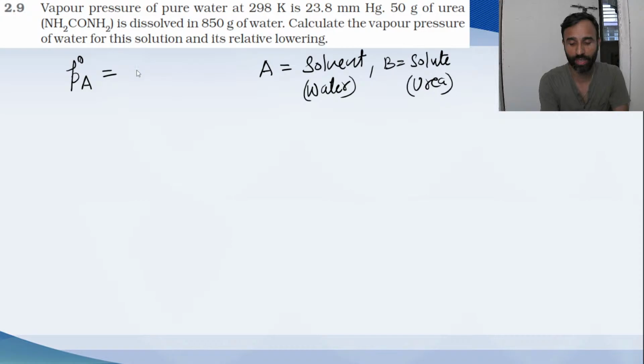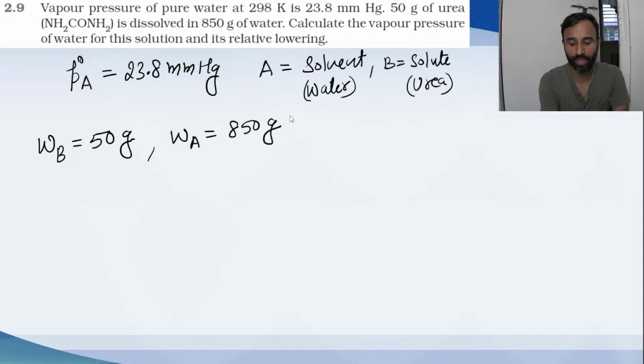Okay, so P naught A is 23.8 mmHg. 50 gram of urea, that means WB is 50 gram, is dissolved in 850 gram of water. Calculate the vapor pressure of water for this solution and its relative lowering.